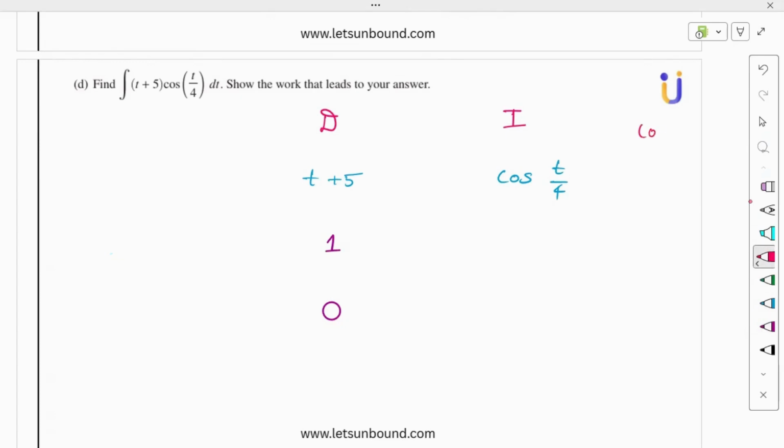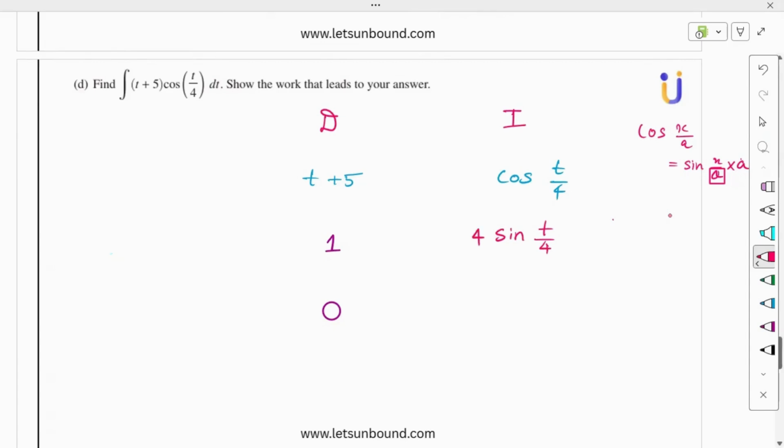So this is the formula for integrating cos x by a. What is the sign? Positive. And you put the x by a, then times the coefficient, whichever you got below. You got 1 by a, so the reciprocal of it is a. So the integral is sine t by 4, and 1 by 4 is the coefficient of t, so just multiply by 4.